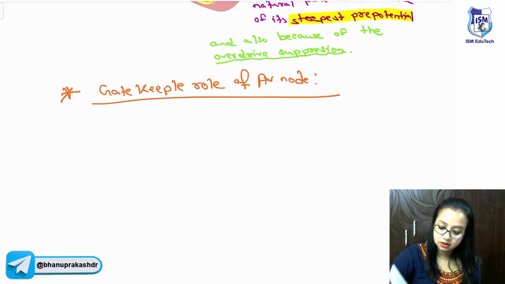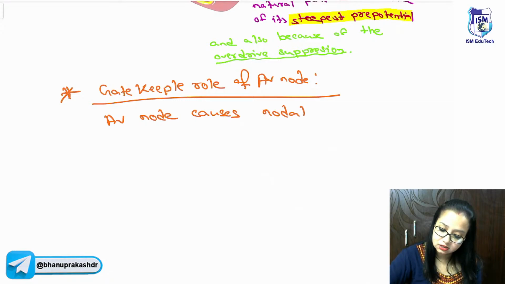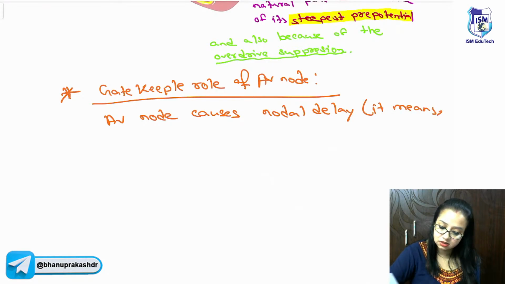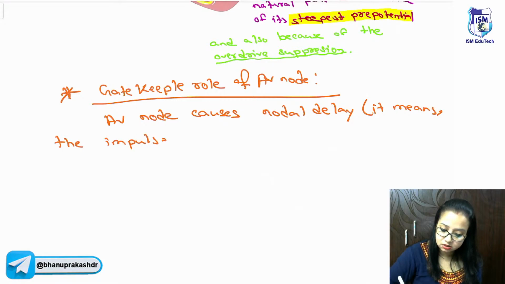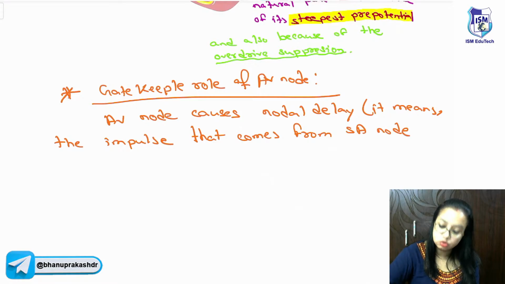The AV node causes nodal delay. What is nodal delay? It means the impulse that comes from the SA node.